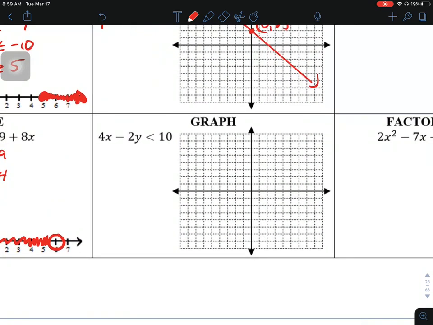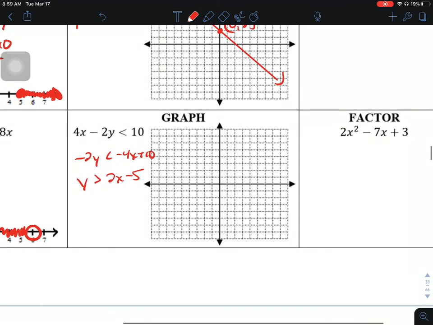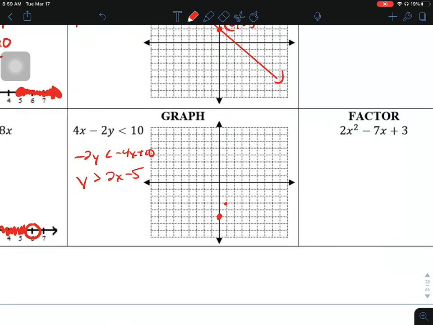This one below it, going to get it in slope-intercept form. I'm dividing by a negative number, so the inequality sign changes direction. And then the y-intercept's -5, the slope is 2.